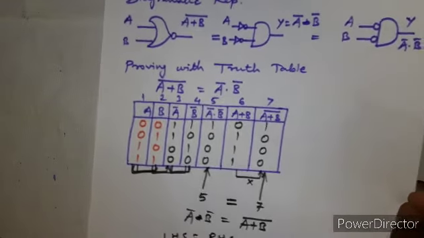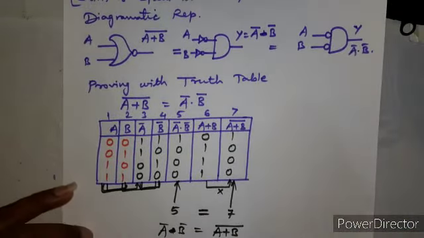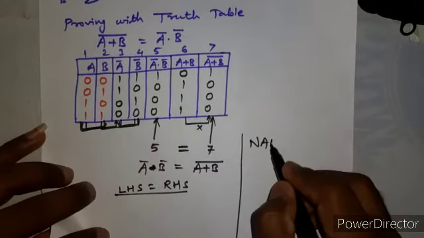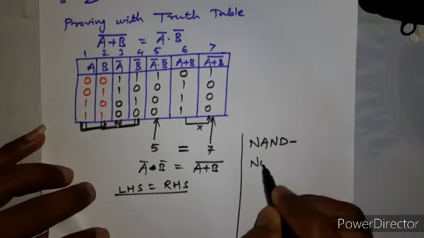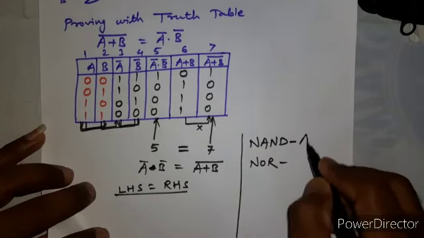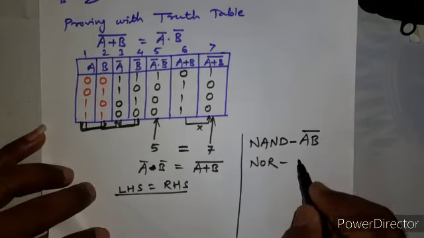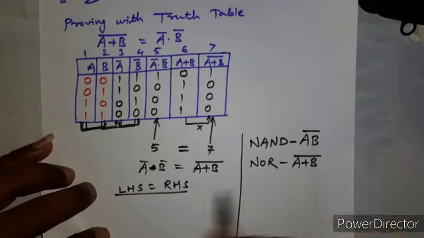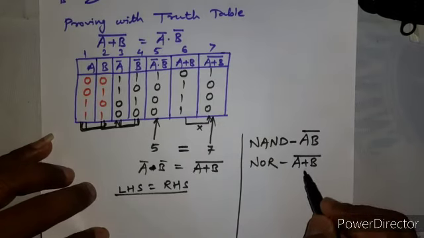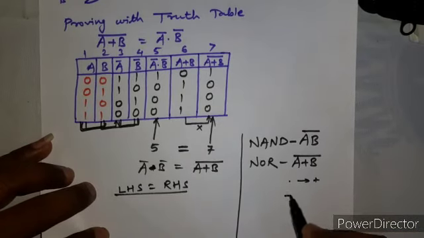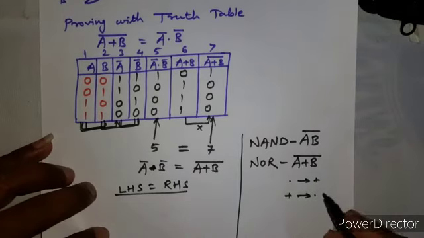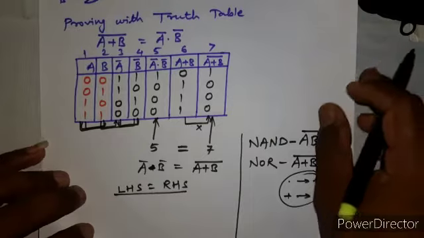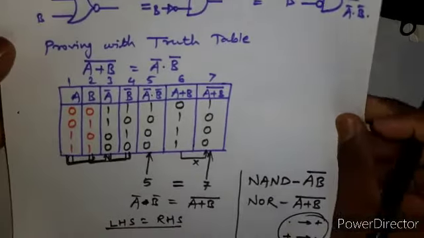At the end you need to remember both equations. For that you simply need to remember the equation for NAND gate and NOR gate. From this you will be able to represent De Morgan's theorem. Just break the bar, and dot is replaced by plus and plus replaced by dot, right? So this is how we can understand both of De Morgan's theorems.